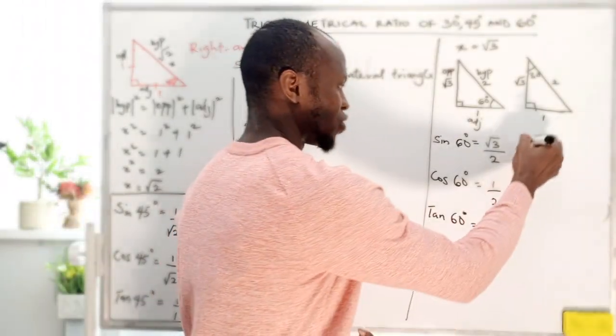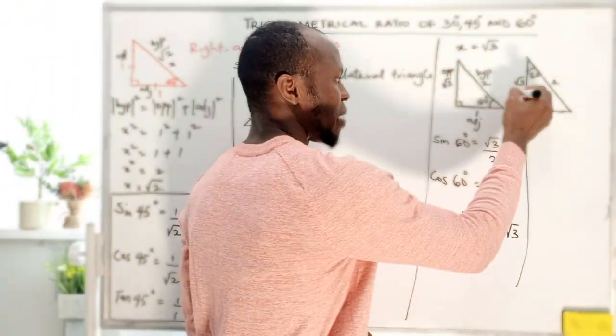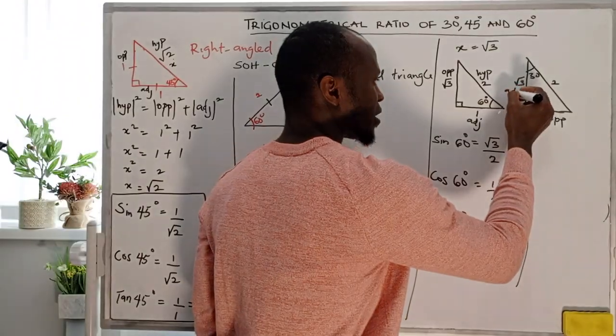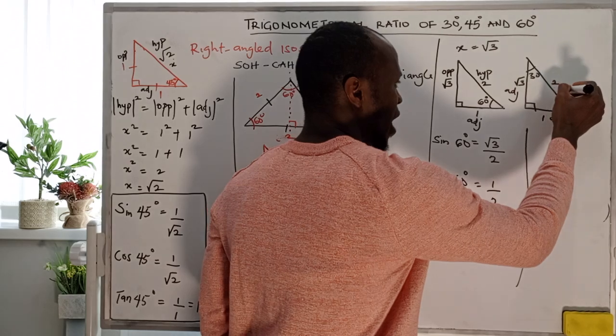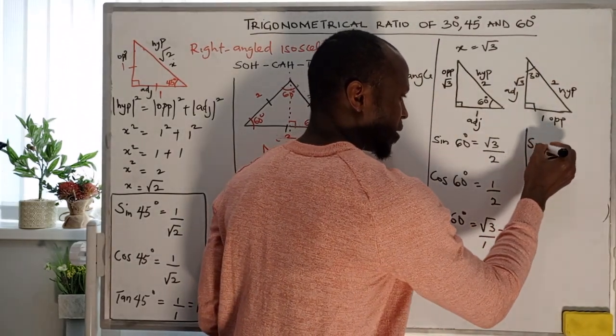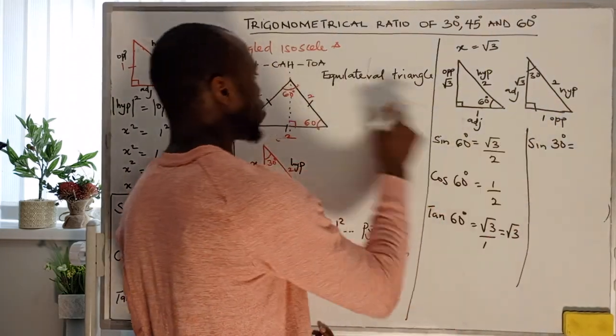All right? So with that, what will be, if I consider this will be my what? My opposite. This will be my adjacent, and this will be my hypotenuse. So my sine 30 degree will be equals to, sine is what?